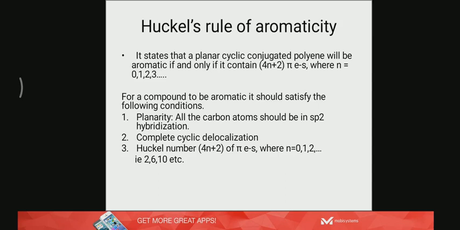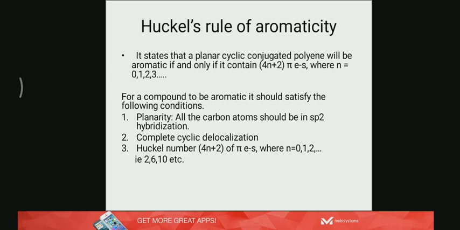Now, regarding how to predict whether a compound is aromatic or not, we have a rule called Hückel's rule, which originates from quantum mechanics. Based on quantum mechanics, we have learned a theory called molecular orbital theory, and it is from this theory that Hückel's rule emerges.